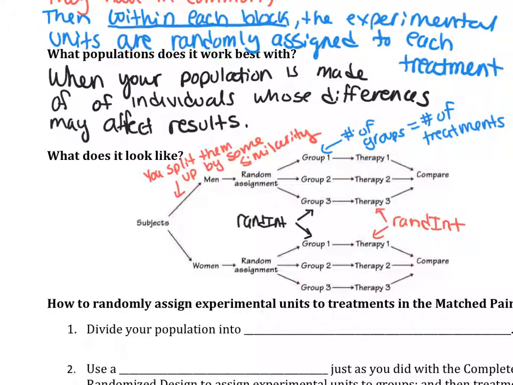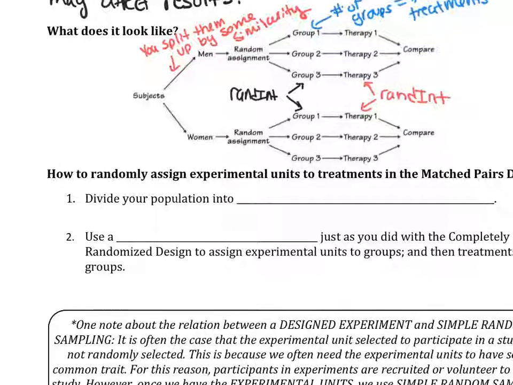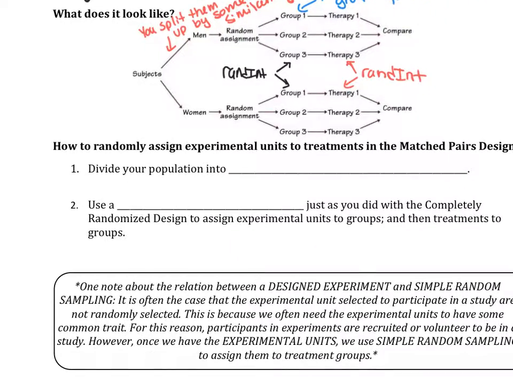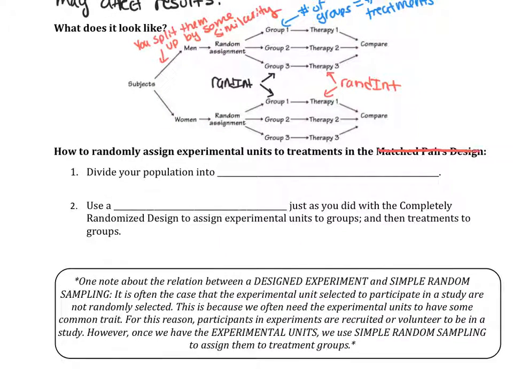So to write this out in words, how to randomly assign experimental units to treatments in, oh, this says matched pairs. This should say randomized block. Sorry about that.